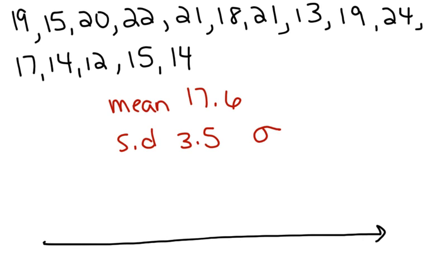I'm going to make myself a little number line like I did when I made the box and whisker plot. Since my smallest number in the data appears to be about 12, and my biggest number is 24, I'm going to go from 10 to 30 on this little chart, and maybe I'll go up by 2s.